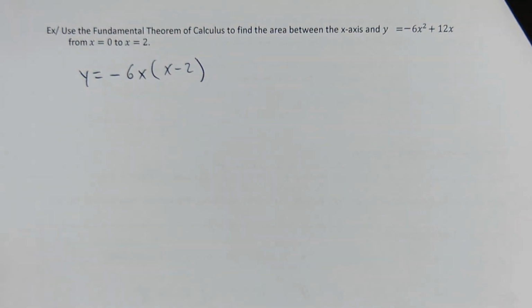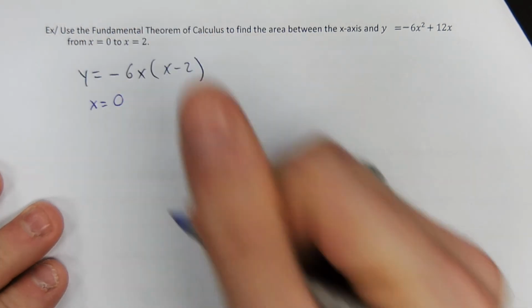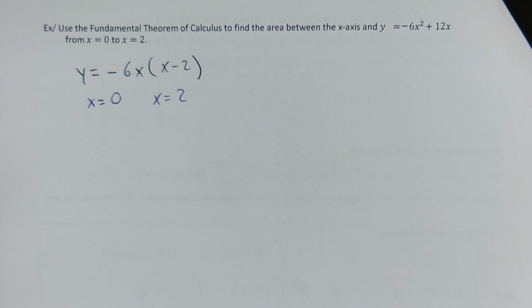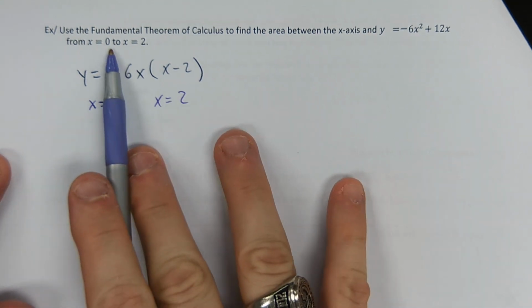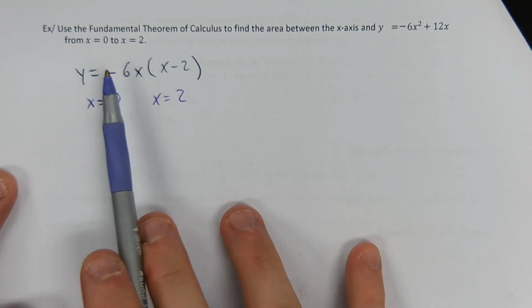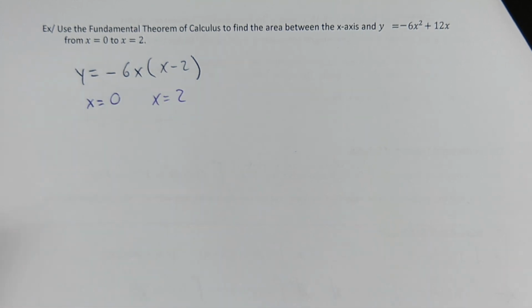There we go. So what do we see? We see a function that is going to cross the x-axis twice. It's going to cross it once when x equals 0, and again when x equals 2. Well, that's good because we're going from 0 to 2. And because it's a negative quadratic, it's a frowny face, right?